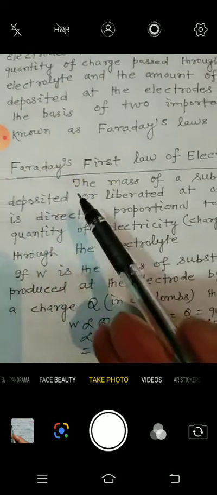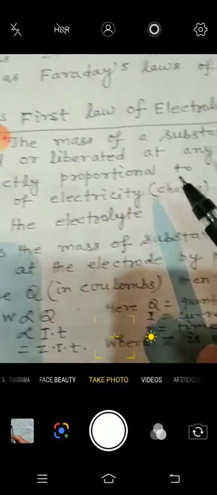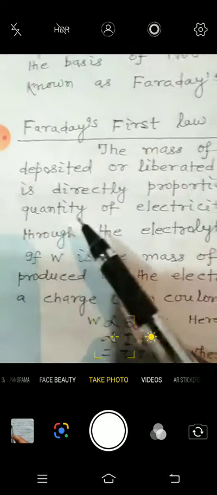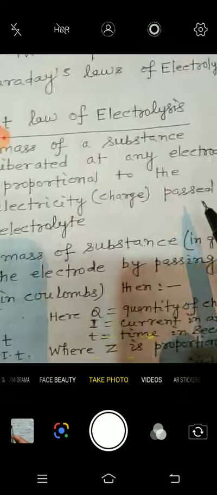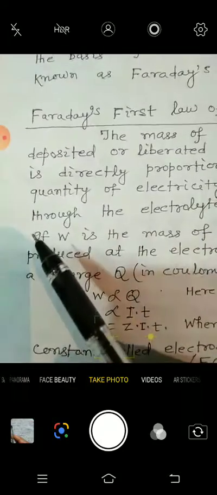First law: the mass of a substance deposited or liberated at any electrode is directly proportional to the quantity of electricity passed through the electrolyte. That will become clear from this example.